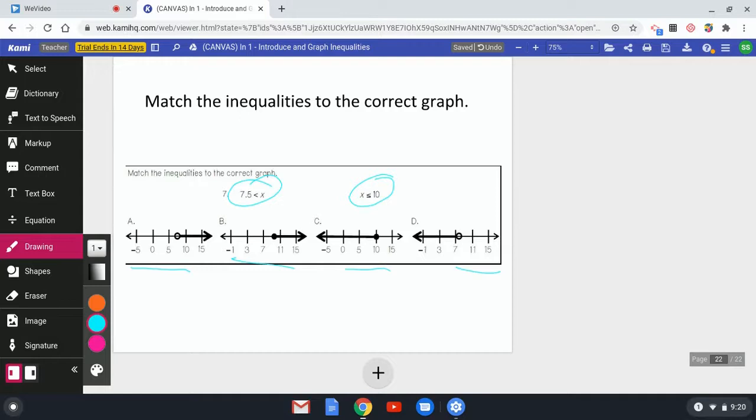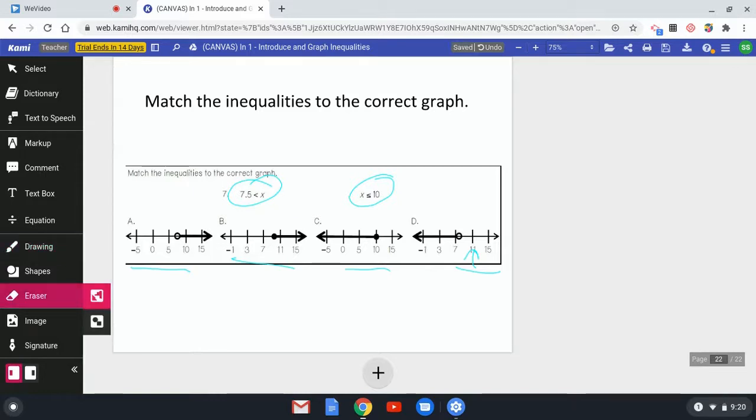All right. So let's see, on this one, we have to say x is greater than 7.5. So we would need our arrow going to the right because it's greater than. We need a closed dot. So the only one that has a closed dot and the arrow going to the right is B. I know some of you wanted to do D at first. Oh, yes. Okay, just kidding.